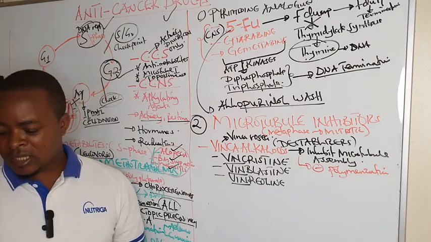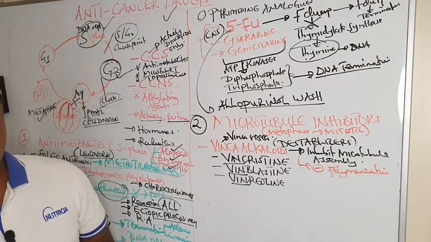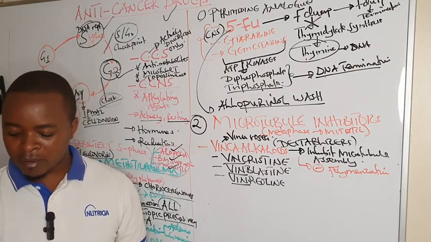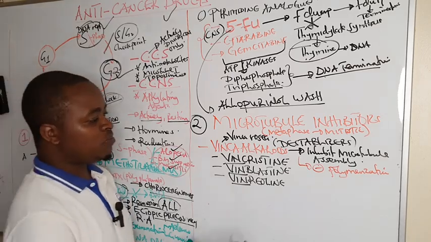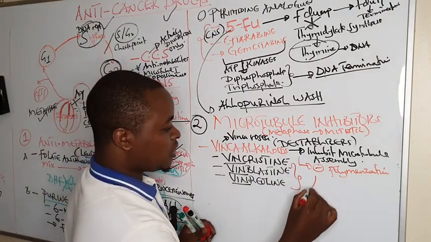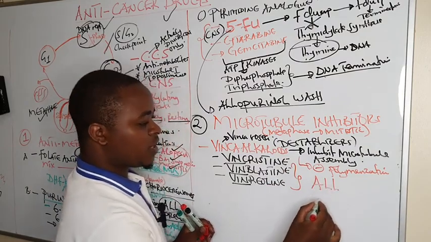And these drugs, as we saw, are used in combination with drugs like the antimetabolites, and they are used in treatment of acute leukemias, acute lymphoblastic leukemia.